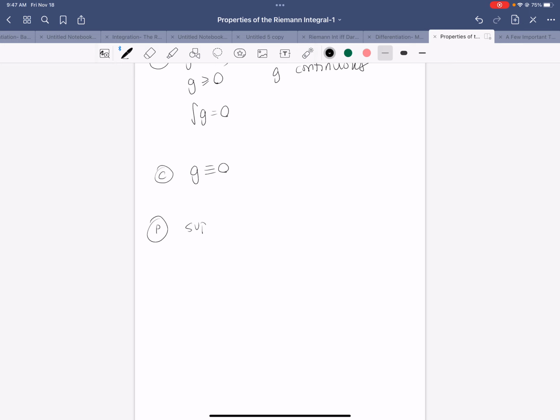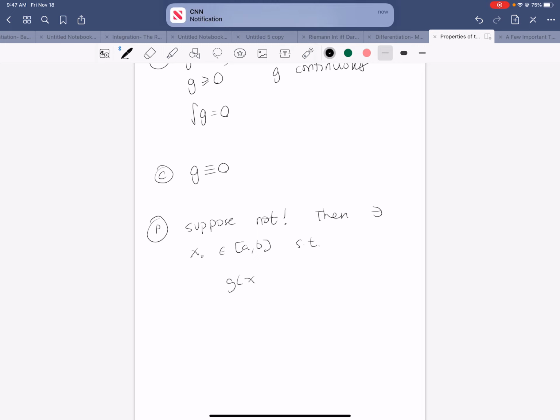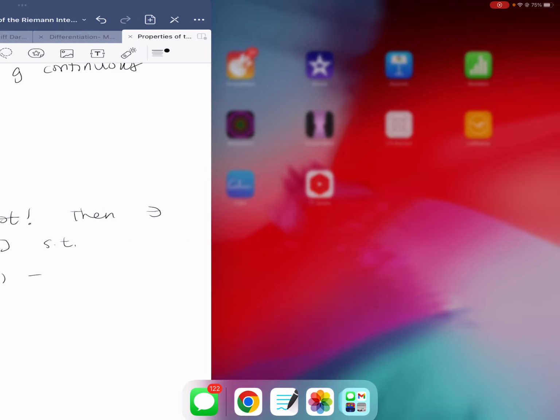We say, suppose not. We're contradicting g identically being equal to 0. That means there exists some x naught in our domain where g of x naught is strictly bigger than 0.